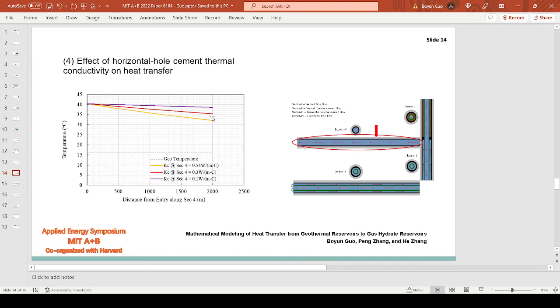That drop reflects the temperature change through this horizontal wellbore, meaning that more heat dissipated into the reservoir to dissociate the natural gas hydrate.